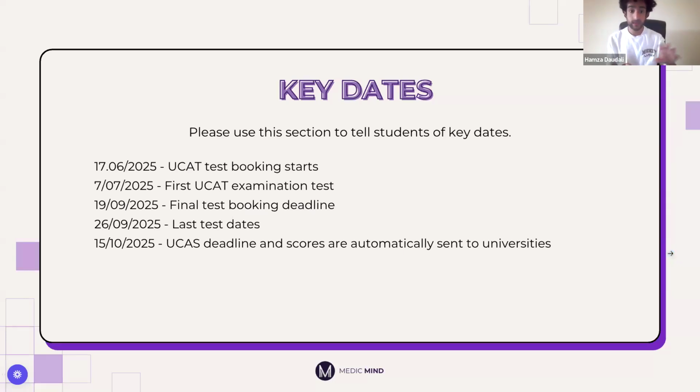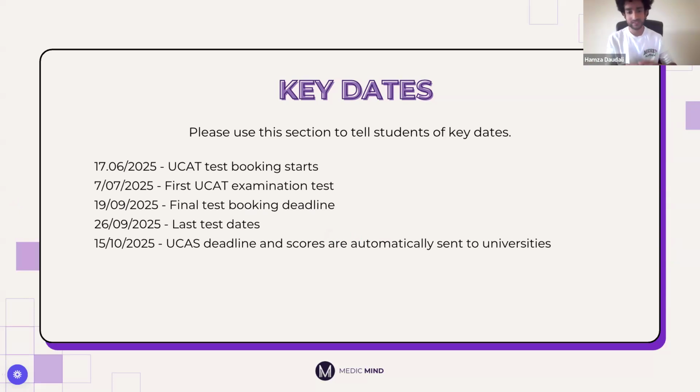The other thing I would recommend is when you're booking your tests now, consider your other commitments. I had friends in my year when I did my application who struggled with maintaining the momentum of UCAT prep, especially when they were coming back into school in early September. If you guys are coming back into school, I remember we had September marks.